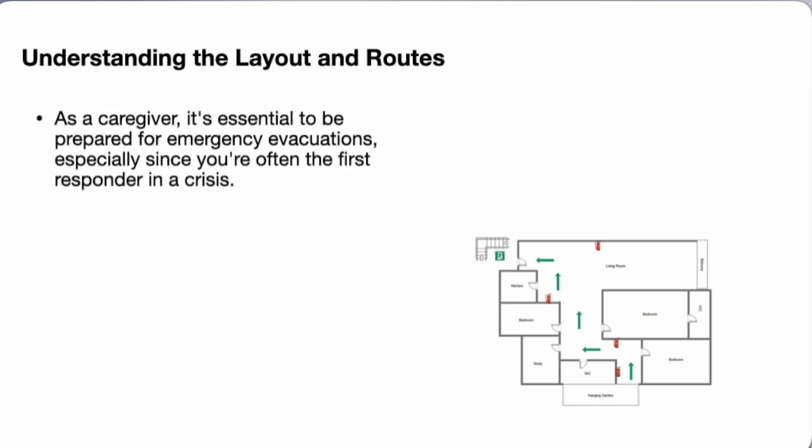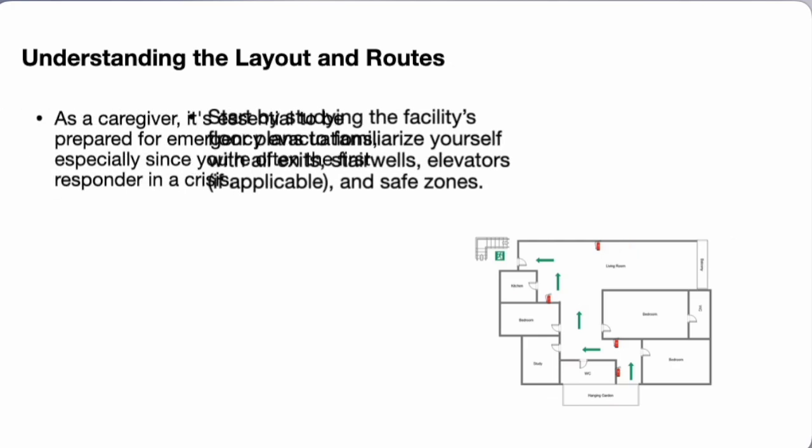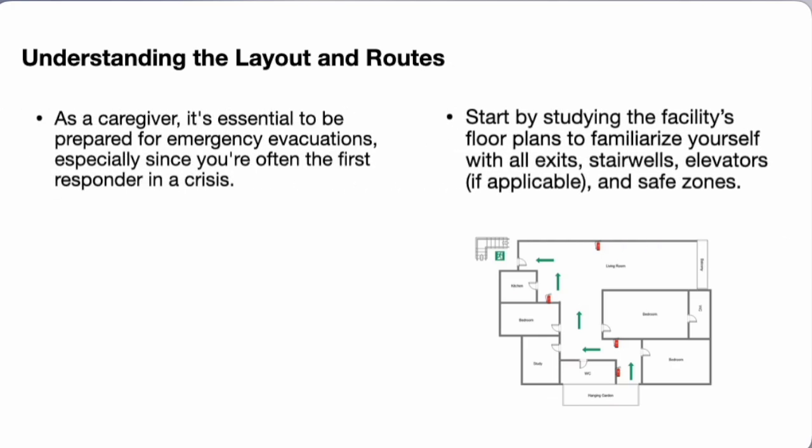As a caregiver, it's essential to be prepared for emergency evacuations, especially since you're often the first responder in a crisis. Start by studying the facility's floor plans to familiarize yourself with all exits, stairwells, elevators, if applicable, and safe zones.